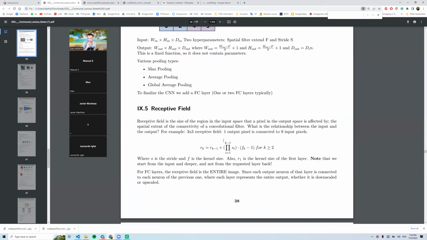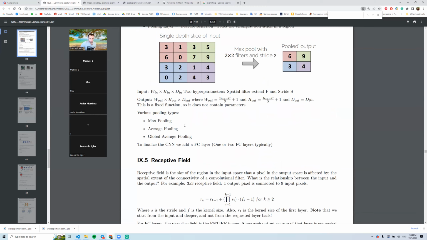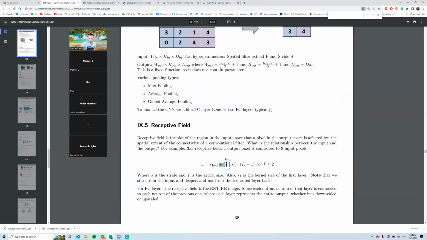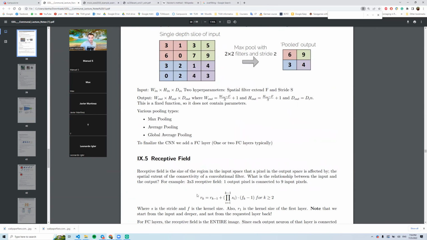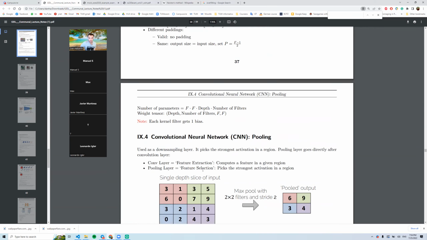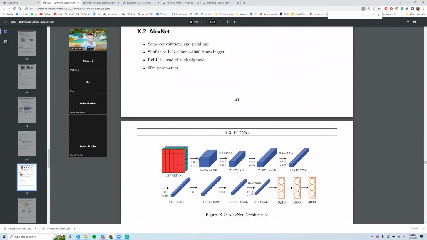A transpose convolution, yeah, we can talk about it. There was actually a question about that, wasn't there? But what I want to say here is, with the receptive field, just remember that if we go to the first layer here, the receptive field of this one is going to be the kernel size from the image.